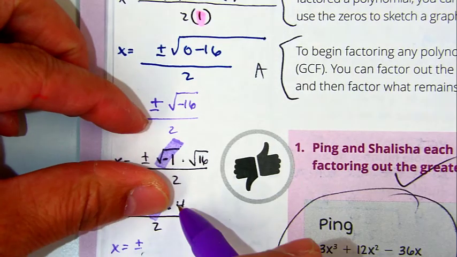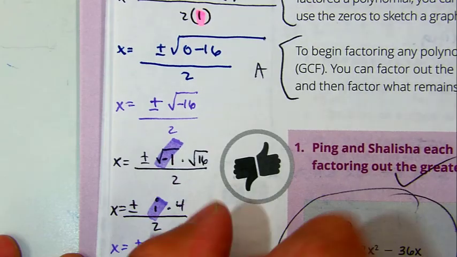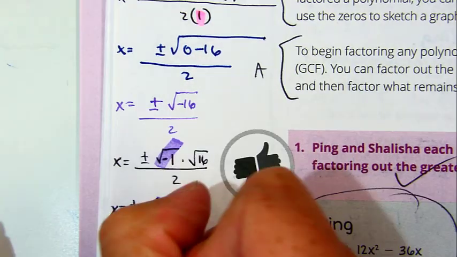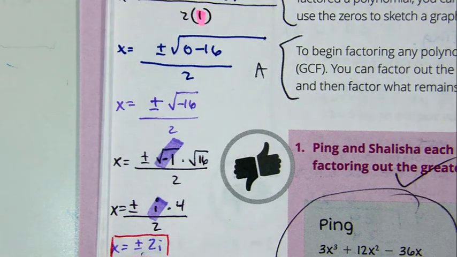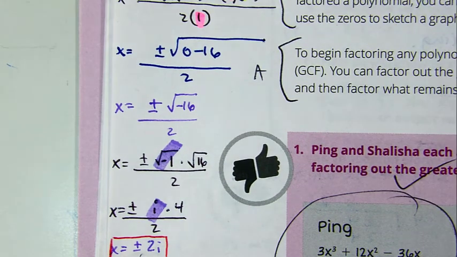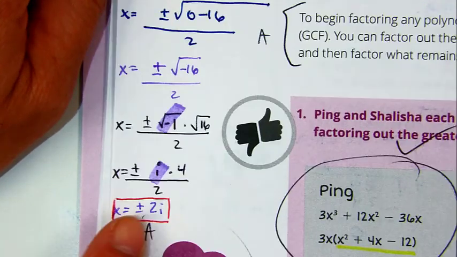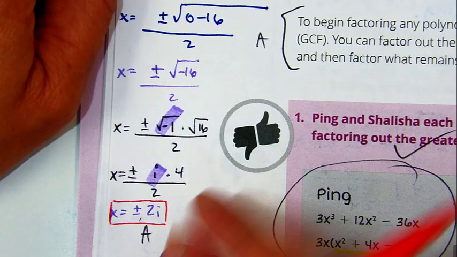Class, what's 4 divided by 2? Yeah, it's just going to be 2i. So this is what it would mean to solve. When you solve for x or solve for a variable, it just says x equals. Now remember, this is actually two solutions. You have a positive 2i and a negative 2i.